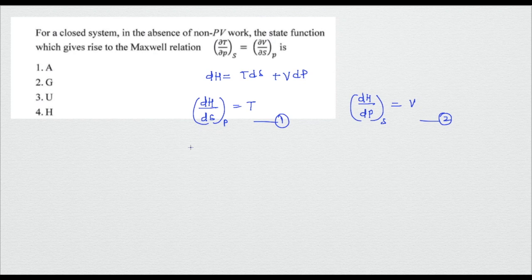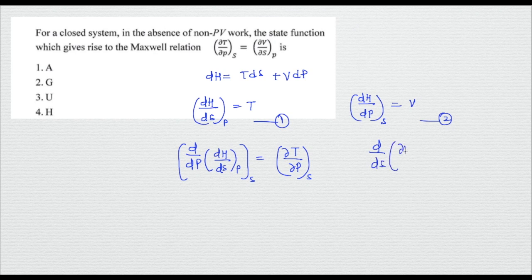I'll differentiate by P the expression dH by dS at constant P, and overall at constant S. On the right hand side I will get del T by del P at constant S. From the second equation I will get d by dS of del H by del P at constant S, and overall it's going to be at constant P. So on the right hand side I will get del V by del S at constant P.